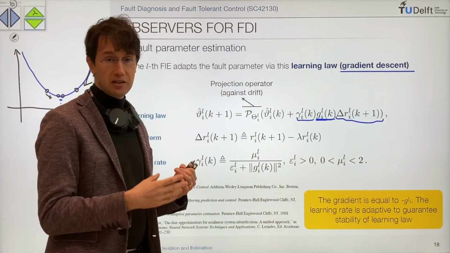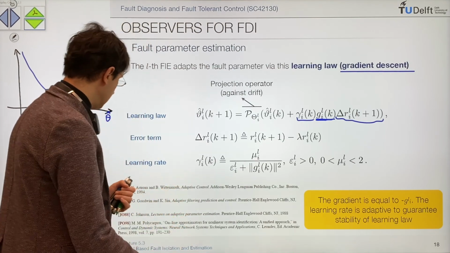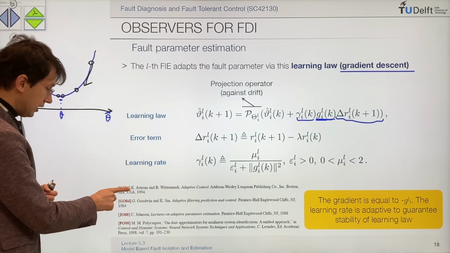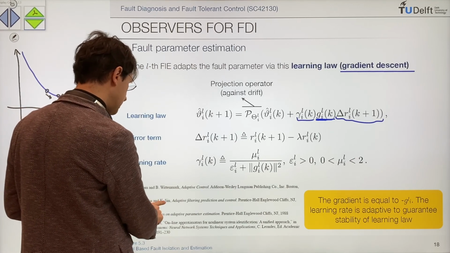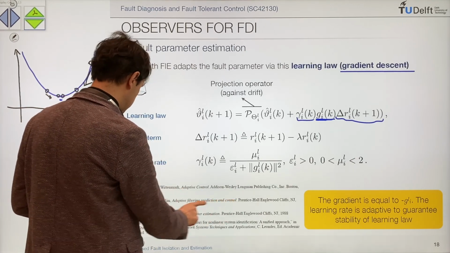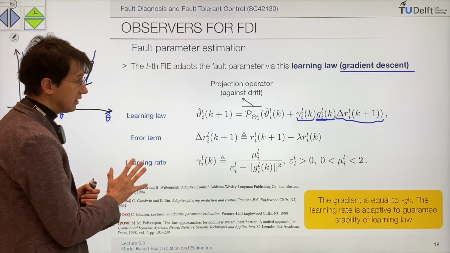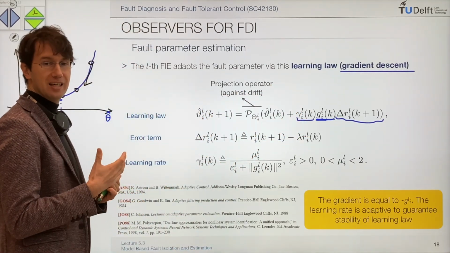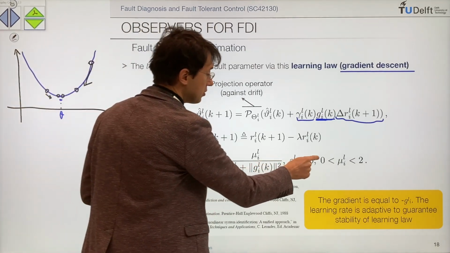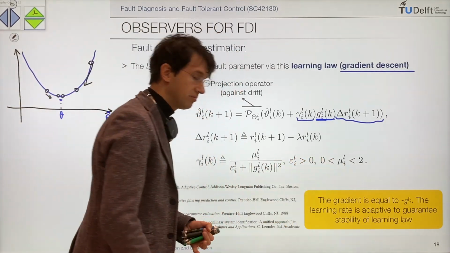The reason is, if you look in this book by Goodwin and Sin, Adaptive Filtering, Prediction and Control, you see the proof that for this adaptive law to be stable, you need mu to be between 0 and 2.